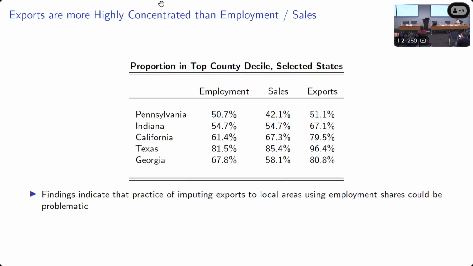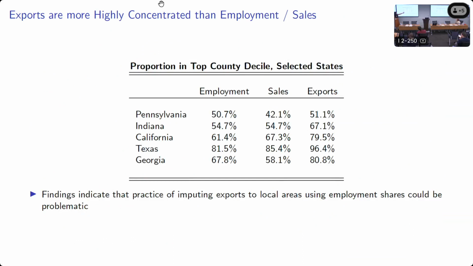Here's what it looks like if I just show you the proportion in the top decile for some states. These are the states we've disclosed. You can see that all of these variables are concentrated. We would expect that. But if you look at Pennsylvania, employment and exports are pretty similar, about 51% in the top decile.